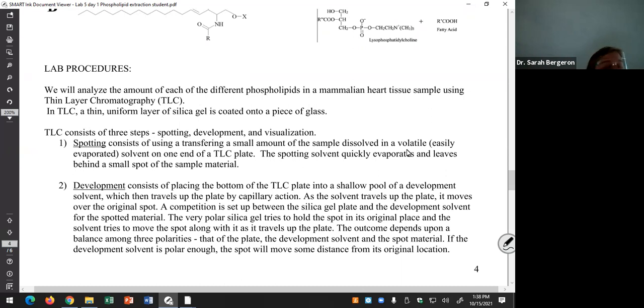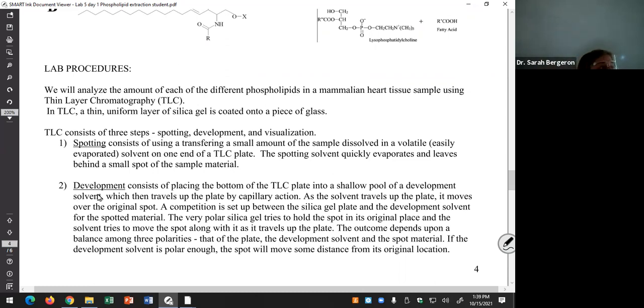And so what we're going to do is put that lipid sample into a very volatile solvent, right? The great thing about something that's volatile is that it evaporates super quickly. So we're going to put it at the very end of the TLC plate. Then the solvent will evaporate, and I'll have a solid lipid sample at the bottom of my plate, right? And then we're going to put this plate into a pool of another solvent. And that solvent is going to travel up my plate through basic capillary action.